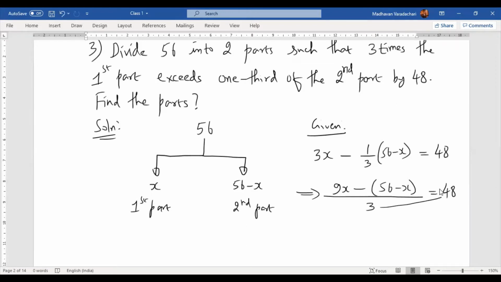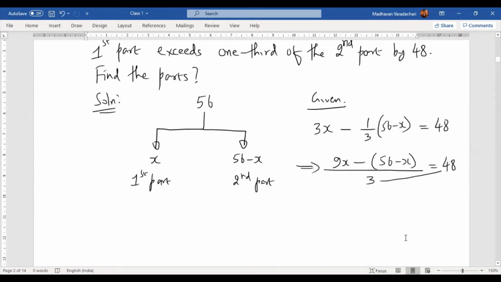We can now cross multiply this. So 9x, then I will take the negative inside. It will become minus 56. Minus of minus x becomes plus x, equal to 3 times 48, which is 144.